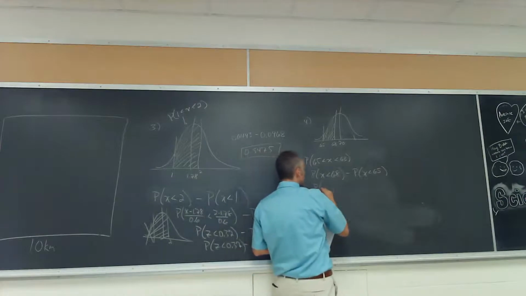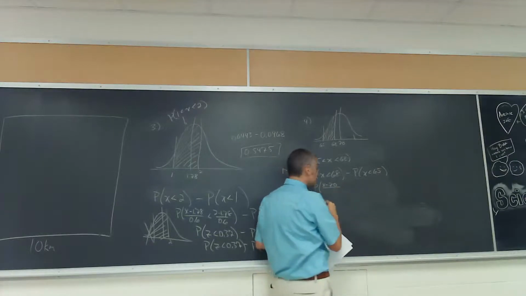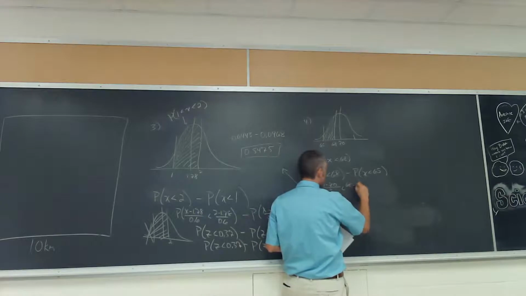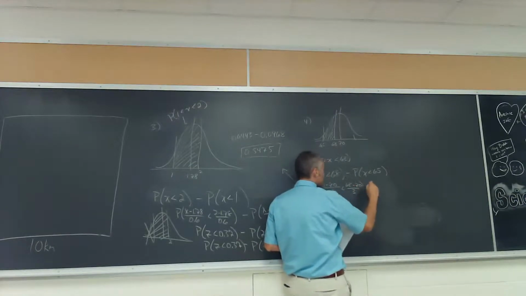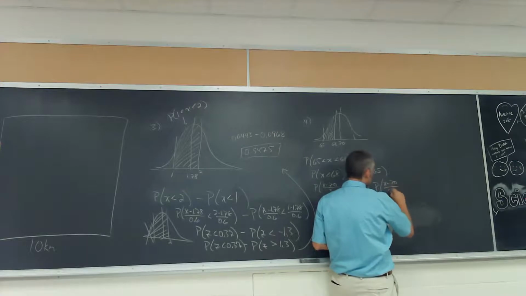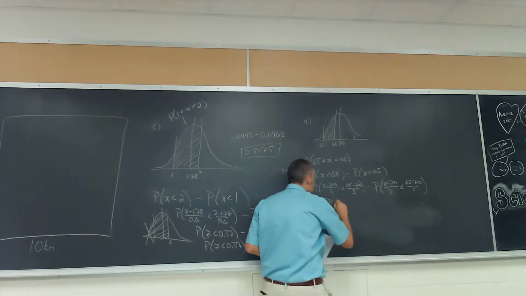All right. So we're going to do our z-scores. X minus 70 divided by 3. All right, so we have our z's.